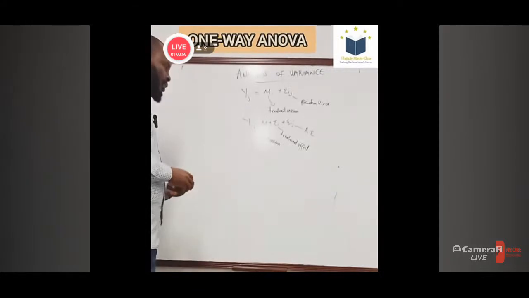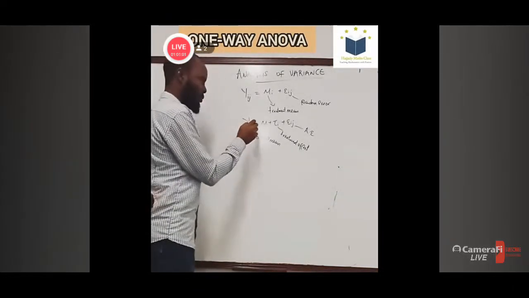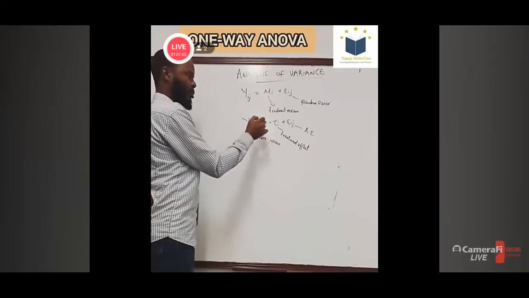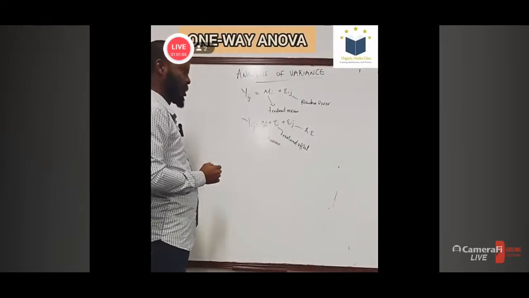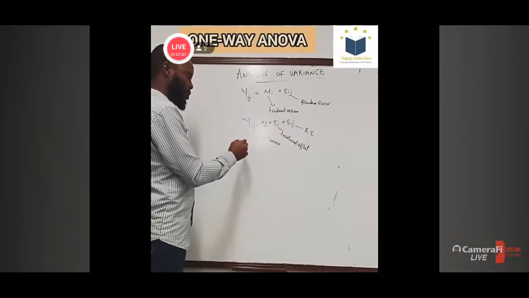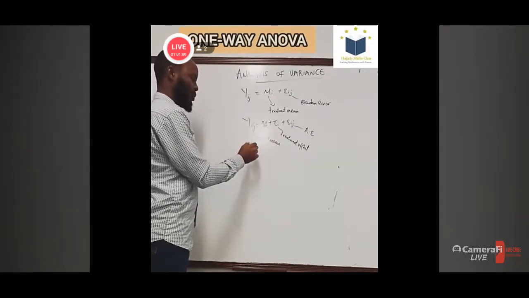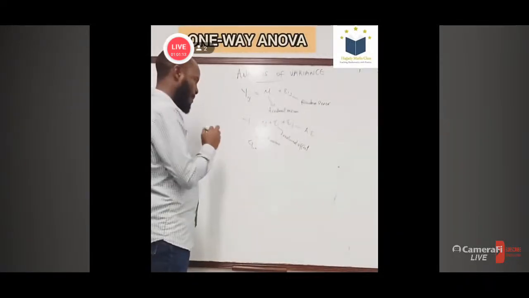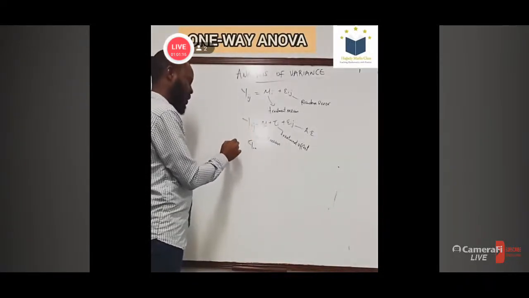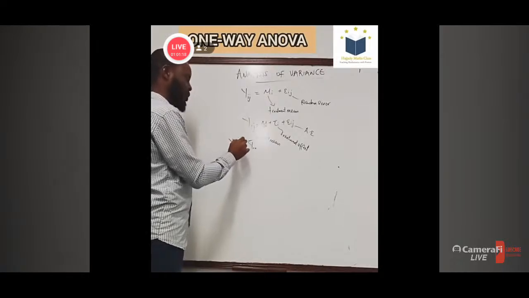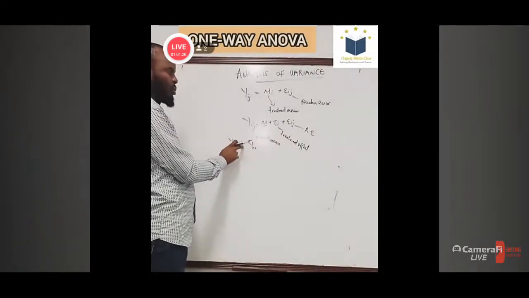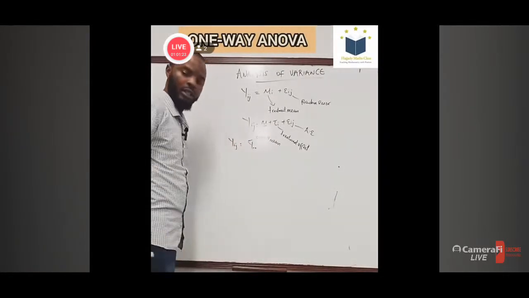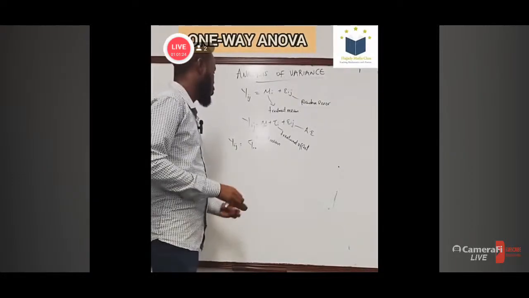So looking at this, if you estimate this population mean, which is known as the overall mean, which is also our y dot bar, the estimate of it. So don't forget that we have our observation equals this. So this is what I'm going to use to estimate my sum of squares.